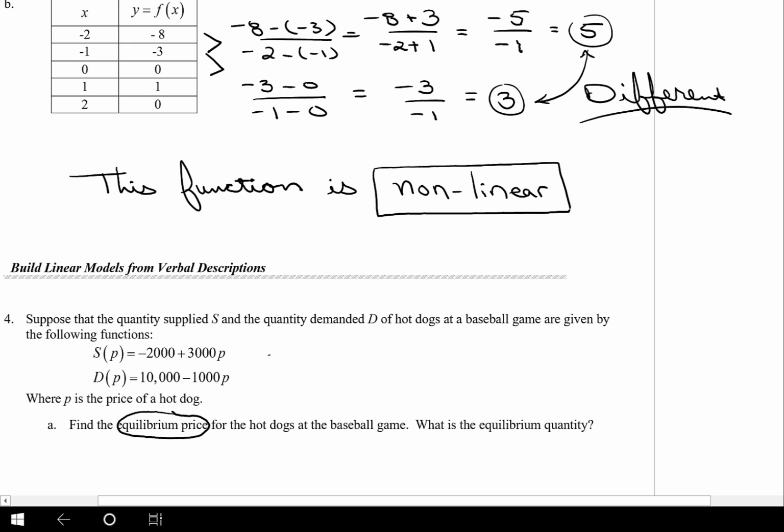Let's start off with equilibrium price. Let's just talk about it. What does this mean?